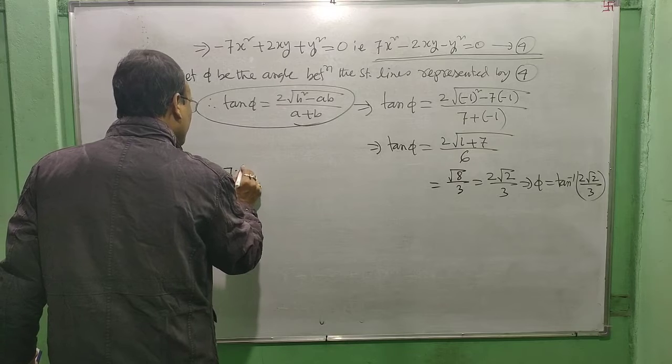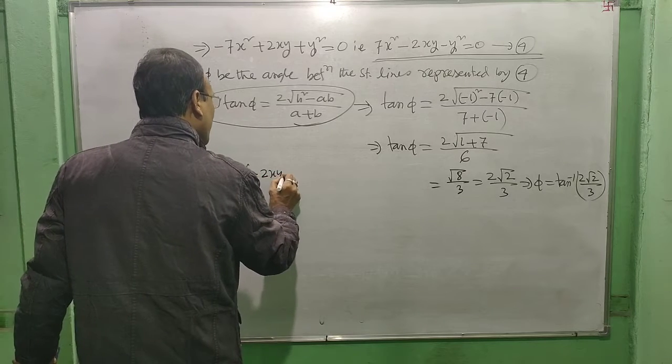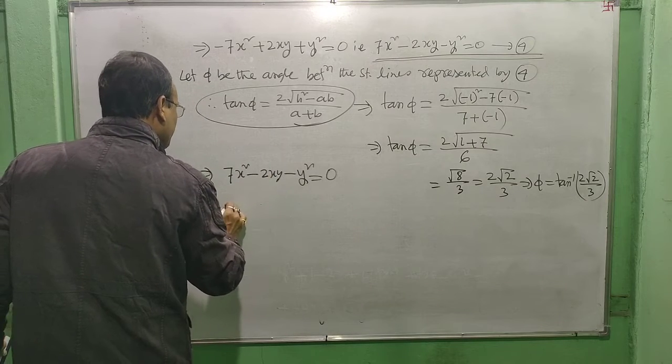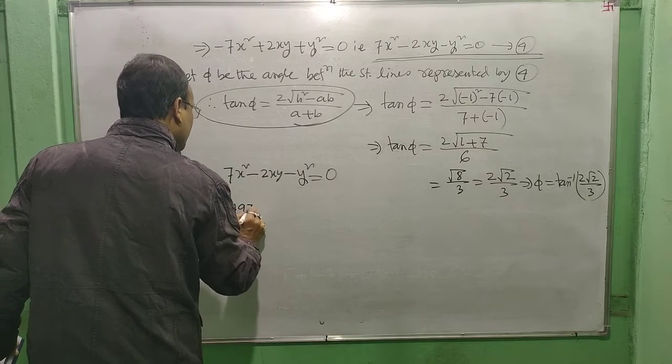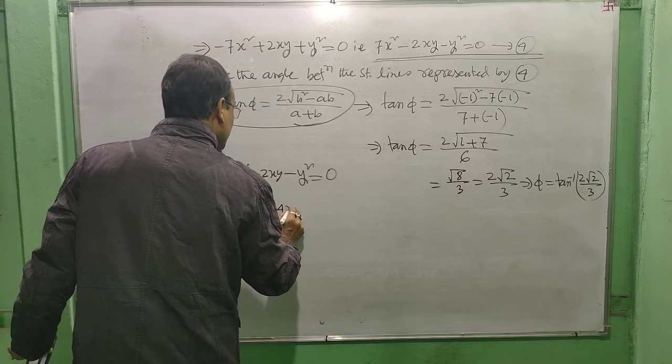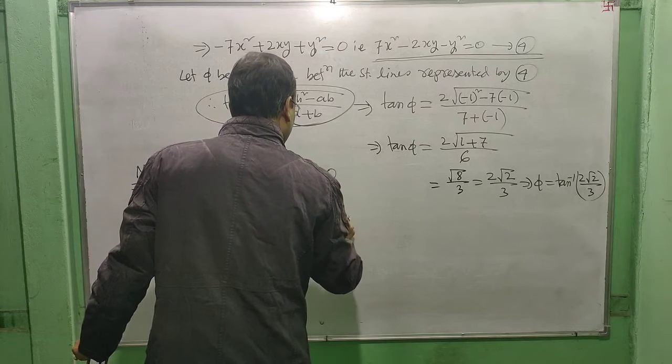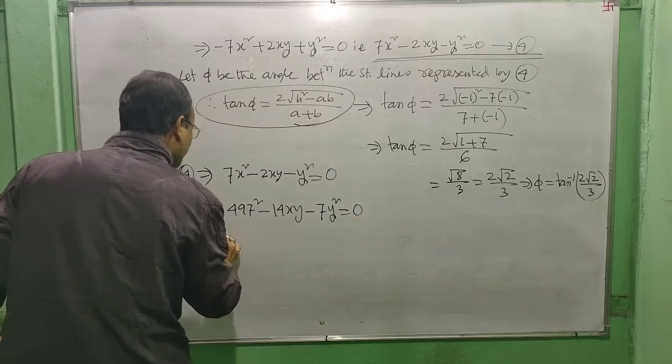Now 4 implies 7x square minus twice xy minus y square, this is equal to 0. Multiply it by 7: 49x square minus 14xy minus 7y square, this is equal to 0.